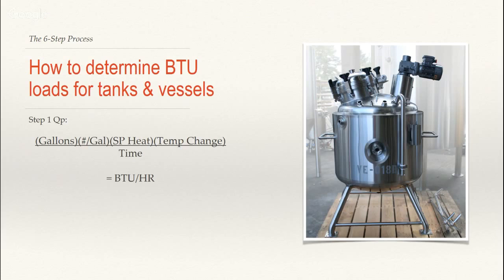The specific heat, and then the temperature change. And when I say temperature change, that is the starting temperature of the solution in the tank, and then the ending temperature in the tank. So there's a difference, or we call that delta T. And you divide all that by the time that you want the heat transfer to occur, and that will give you your BTU loads per hour.